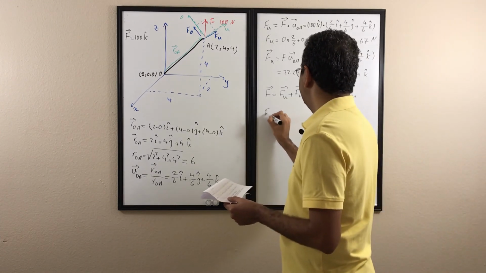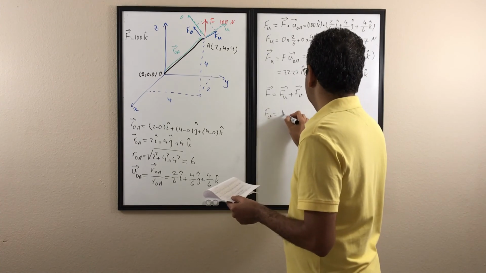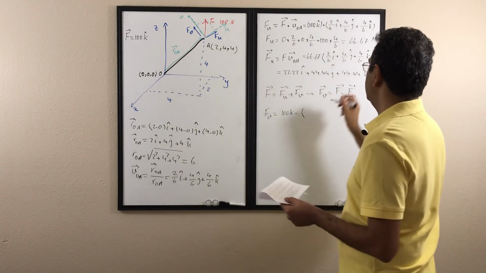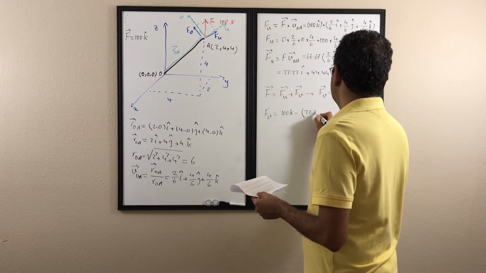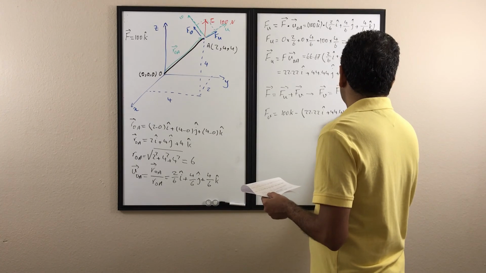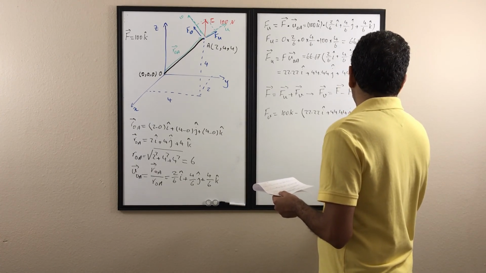So F_V is F, which is 100K, minus F_U, which is 22.22I plus 44.44J plus 44.44K.